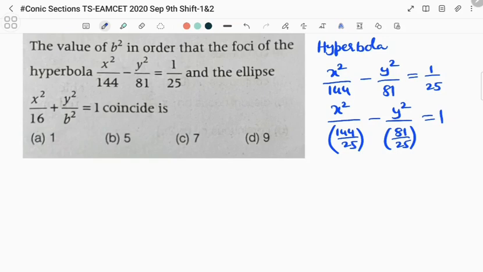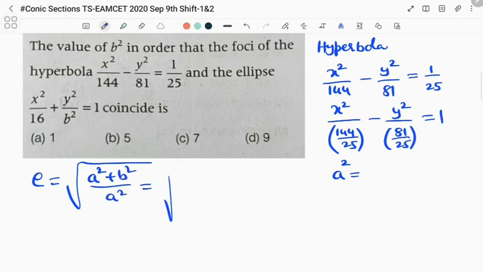So calculate the eccentricity. Foci, before that, eccentricity is required. So a square value is 144 by 25. Eccentricity of this one is root over a square plus b square by a square. So root of 144 by 25 plus 81 by 25, by 144 by 25.